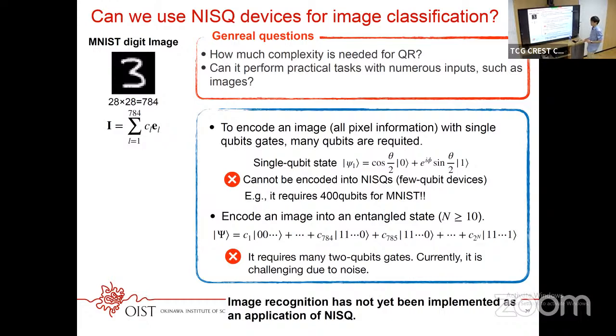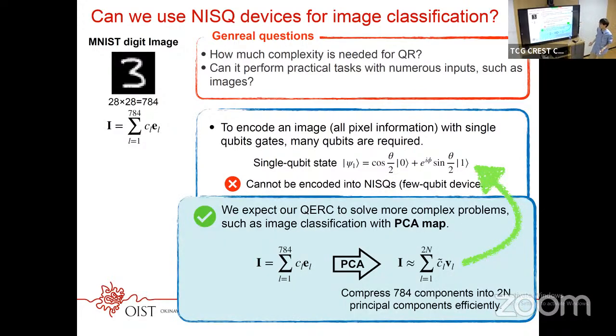But I want to ask you, do we need all the information to classify these images? I don't think so. That's why we use PCA. So we expect our QRC can solve more complex problems, such as image classification.